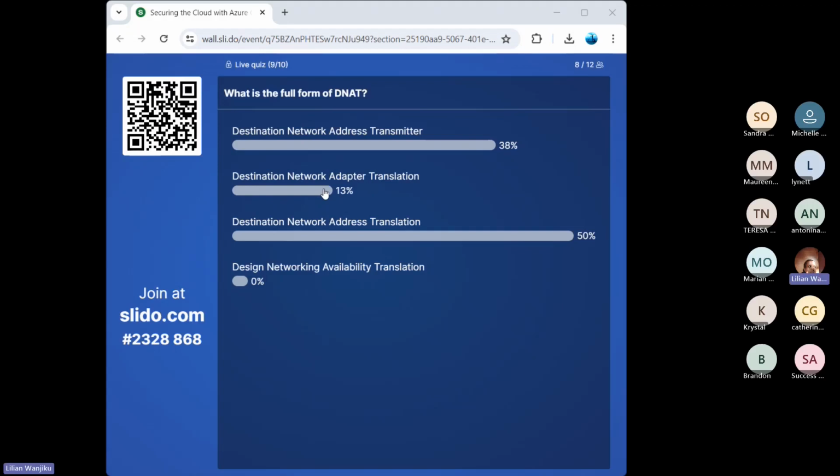We have 50% selecting destination network address translation, 13% destination network adapter translation, and 38% selecting destination network address transmitter. The correct answer is the one selected by 50%, which is destination network address translation.